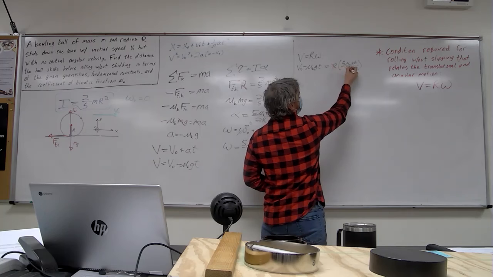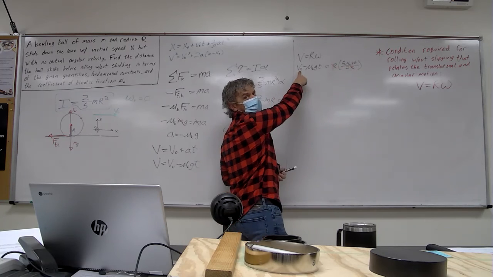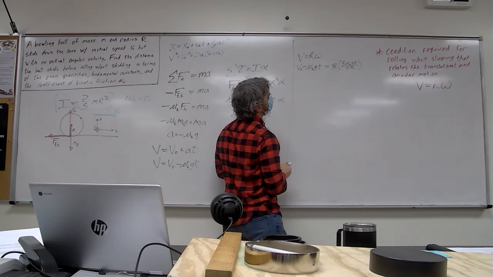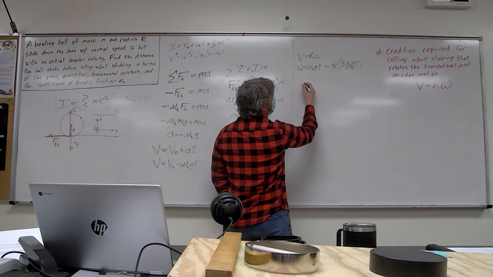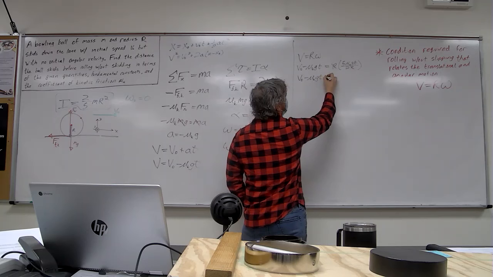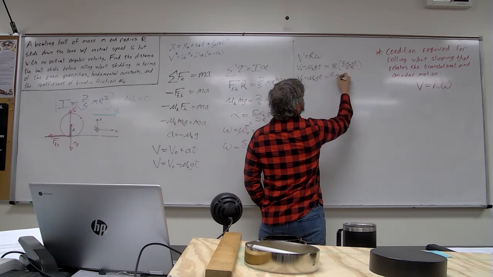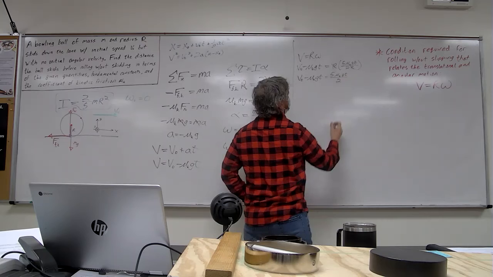The r's. But I can cancel those r's there. What about g? There's no g in the v naught term. Oh, right, yeah. So I have v naught minus mu k g t, and then after I write this, I'll tell you why I'm doing this. 5 mu k g t over 2.